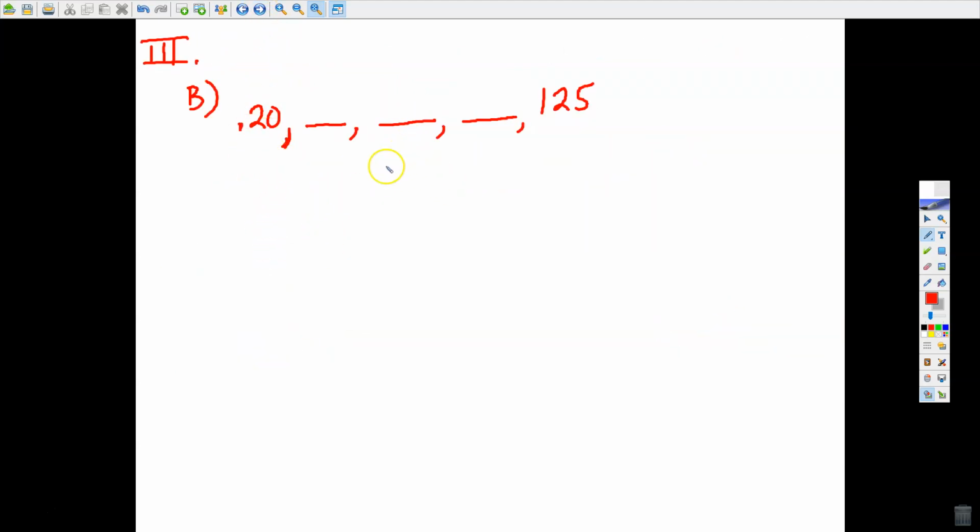Okay, let's just go ahead and try this one. To get the middle term, we'll do the square root of 0.20 times 125, geometric mean. 0.2 times 125, and that's 5. 5 is the middle term. And now we'll do geometric mean for the left side. Square root of 0.2 times 5 is 1.